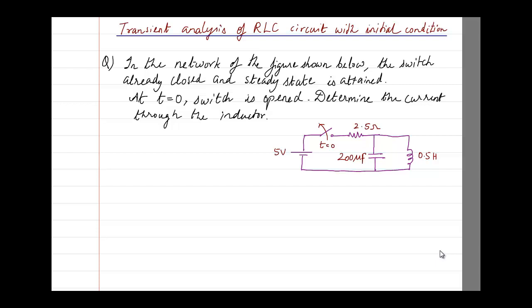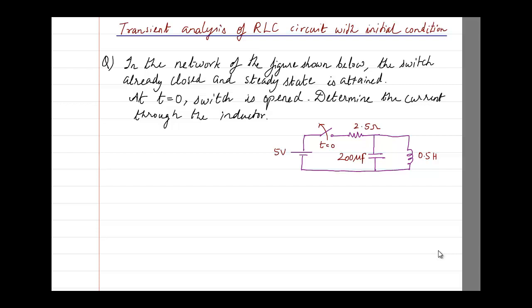There was no circuit where we dealt with both capacitance and inductance together in this switching initial condition kind of problems. So this particular section is dedicated to those kinds of problem wherein you have a capacitance as well as an inductance in the circuit at the same time.